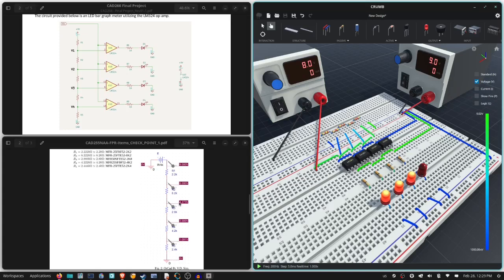Now we're going to do the same thing. The second op amp is going to shut off its LED when we get around 4.3-ish volts. So we're dropping the voltage to around 4.3-ish volts. 4.4, 4.3, yeah, 4.2, right? So now this LED is off.